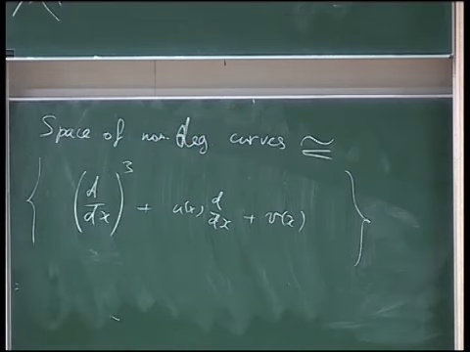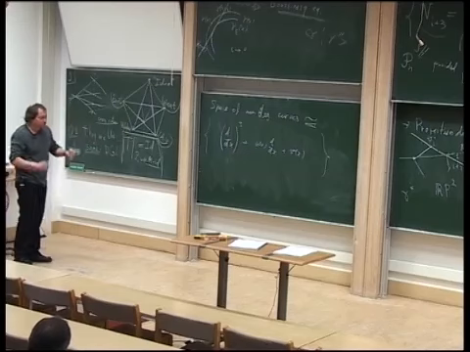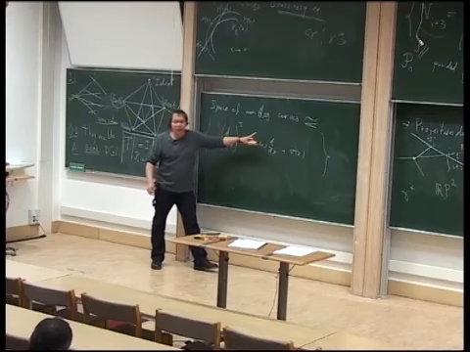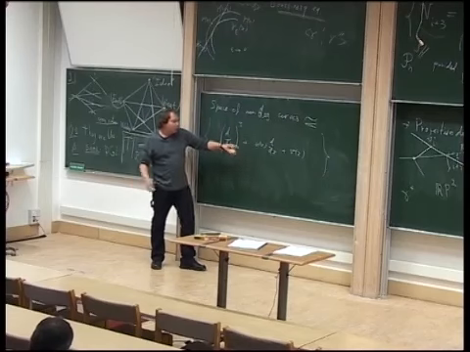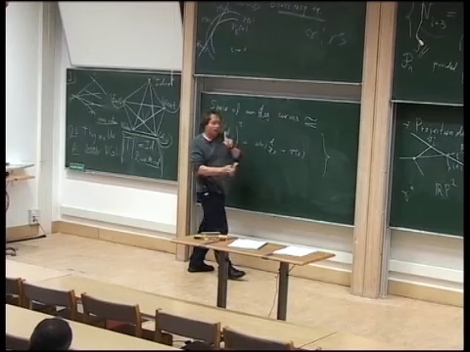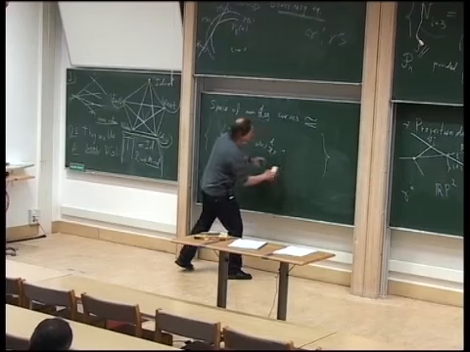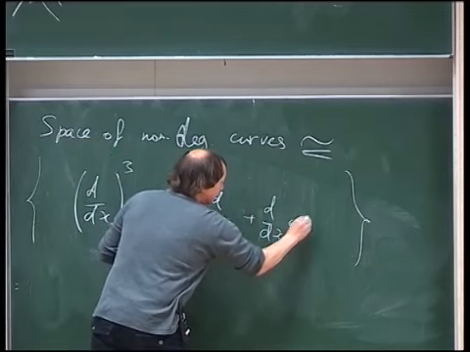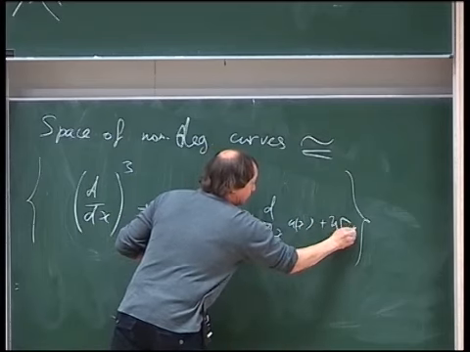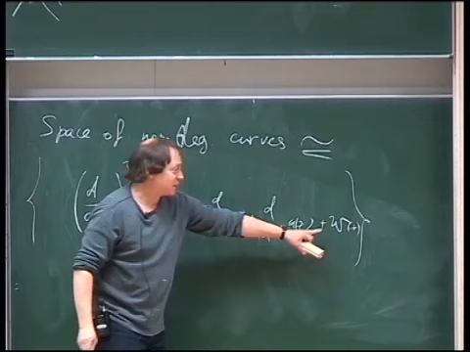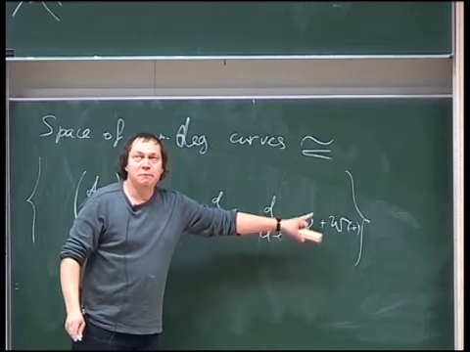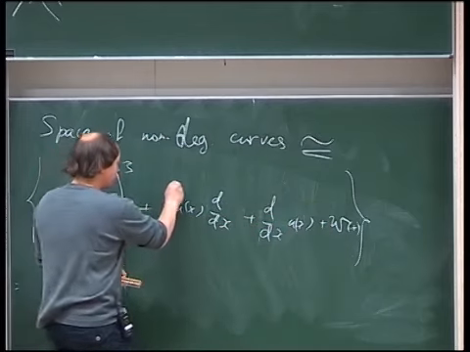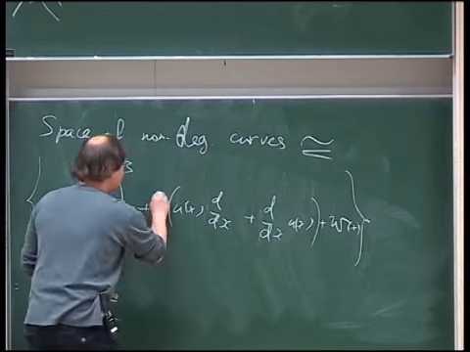And of course, this is also a very common situation. So this operator is of this form, but I prefer to write it in a more symmetric way. So of course, W is equal to V minus U prime over 2. Okay, so I put 1/2.